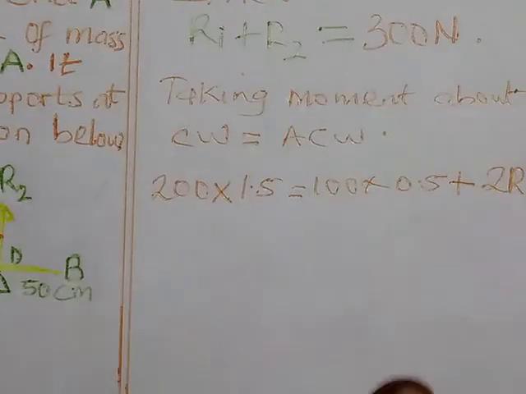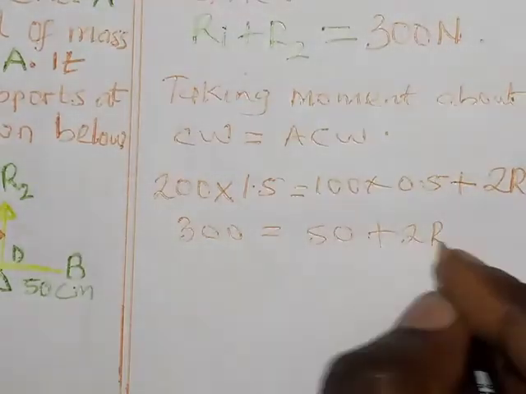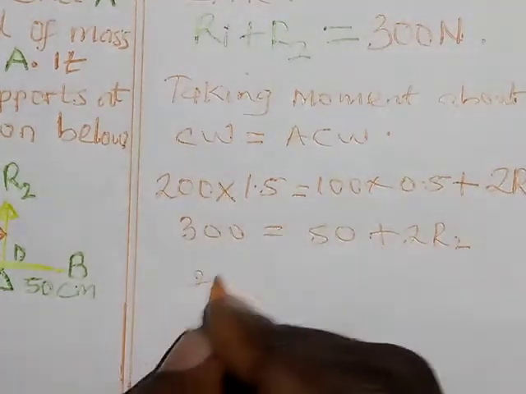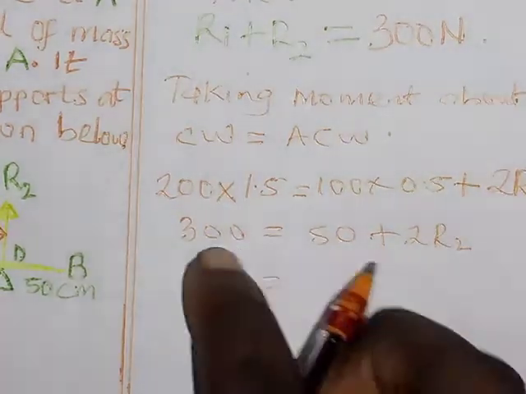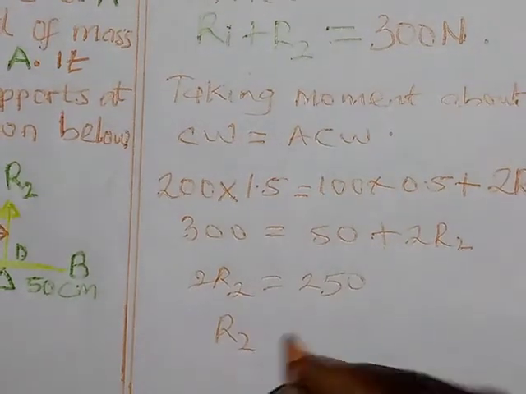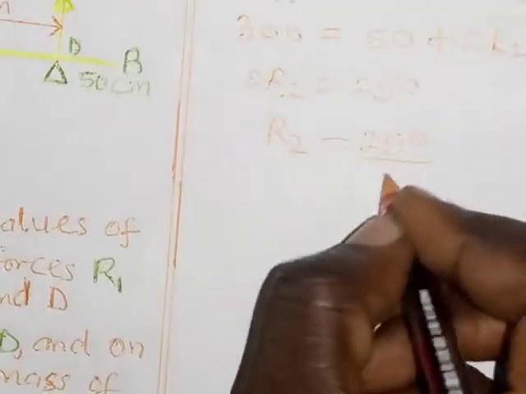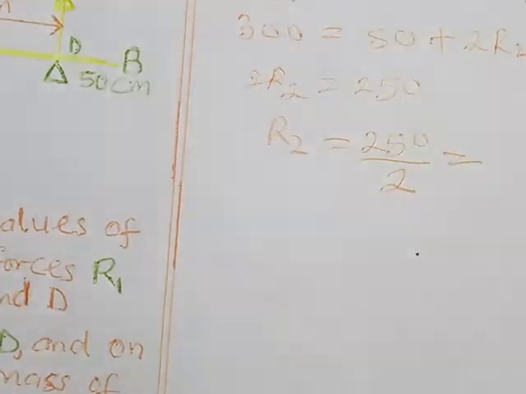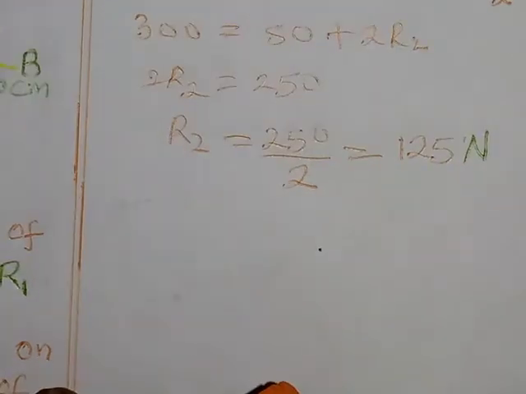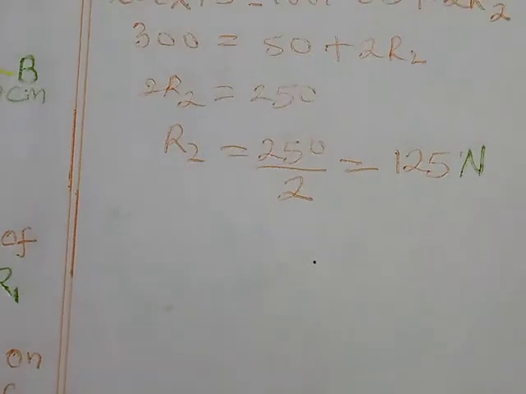Working this out gives me 300 equals 50 plus 2R2. From here, 2R2 is equal to 300 minus 50, that's 250, and R2 is equal to 250 divided by 2, so that's 125 Newton.